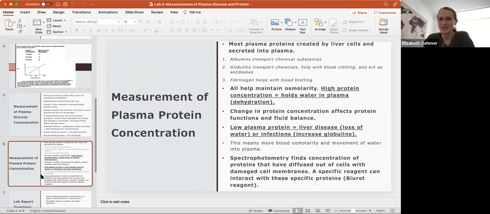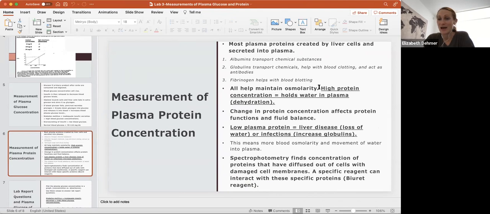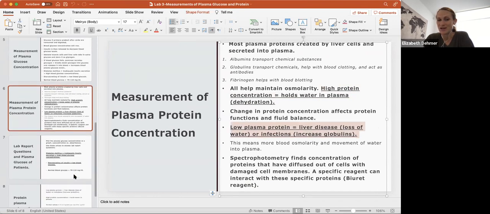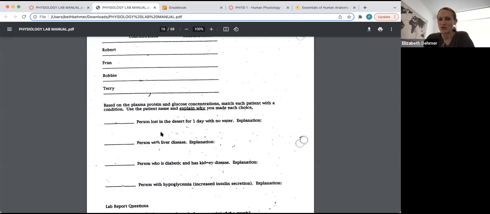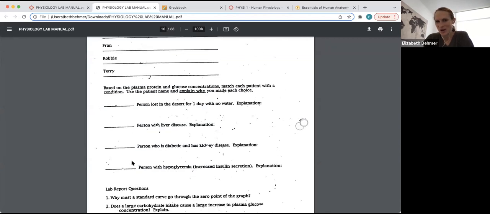And for the plasma data I have here, if you have a high protein concentration, you could be dehydrated because you're holding water in the plasma. If you have a low plasma protein concentration, you could have liver disease or some sort of infection. So use the information in the PowerPoint to match up, based on the data, which person matches with these 4 issues or problems.